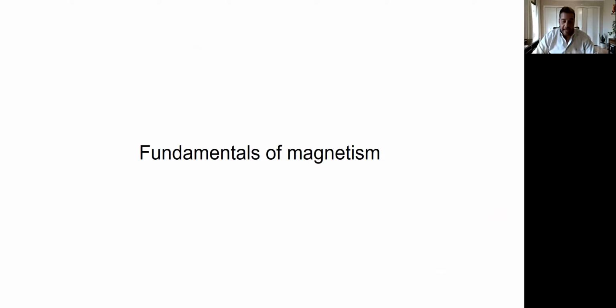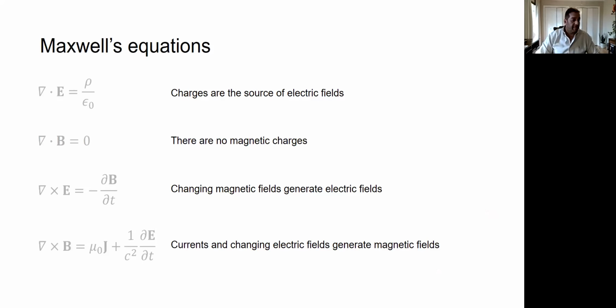So first, some basic concepts of magnetism. Who has heard of Maxwell's equations before? A show of hands. That's very good. As you can see here, I have shaded out the equations because I don't want to emphasize the math now. So Maxwell's equations are the four equations that describe electromagnetism.